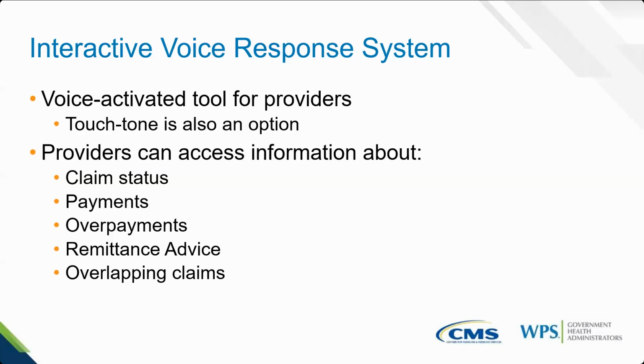This one today is specific for Part B providers that bill Medicare on the CMS 1500 claim form or the 837P electronic equivalent. I realize most of you probably submit your claims in batches to Medicare electronically, and so we just want to differentiate that. Today we're focusing on some of those Part B options.